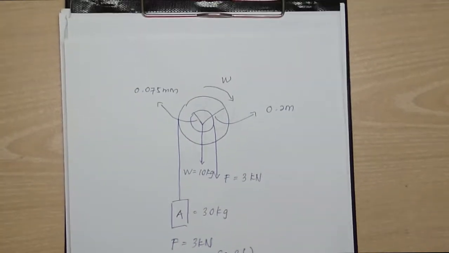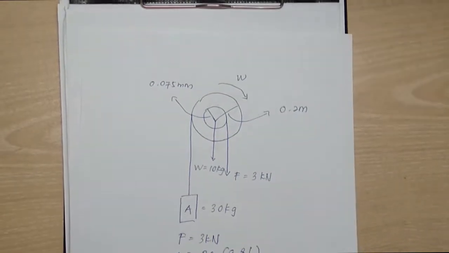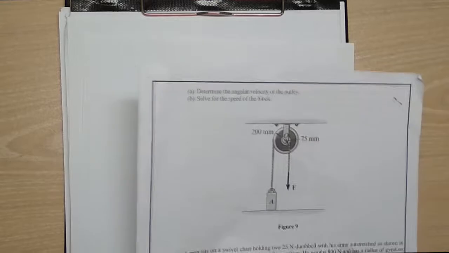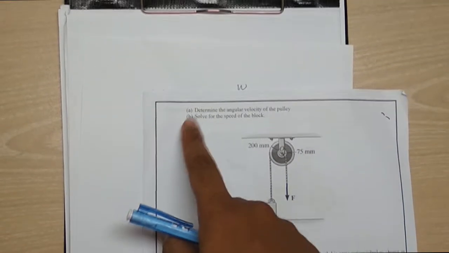From the FBD, we must know how to determine the angular velocity of the pulley, as the question wants.